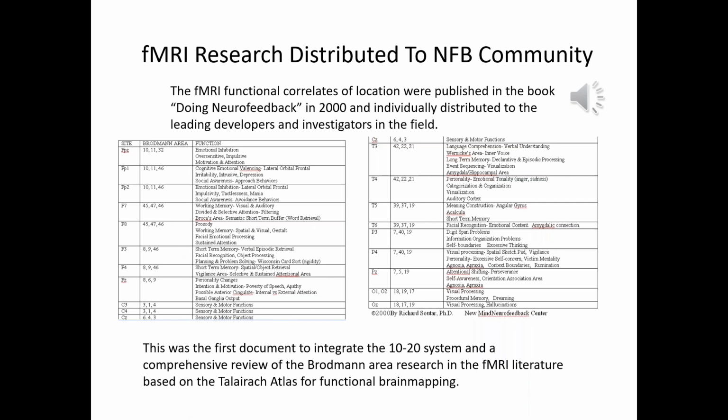Based on Loreta and on the MRI data, we know that all these functions are multi-location. In the year 2000, we knew that. But there were people still trying to sell the idea, and even today they're trying to sell the idea that there's a one-to-one correspondence. Oh, short-term memory, this spot only. Oh, auditory memory, this spot only.